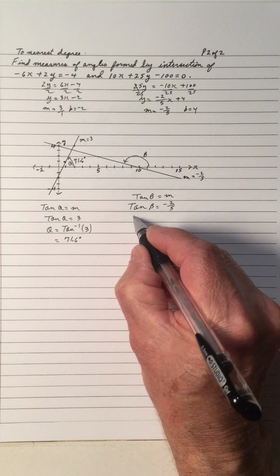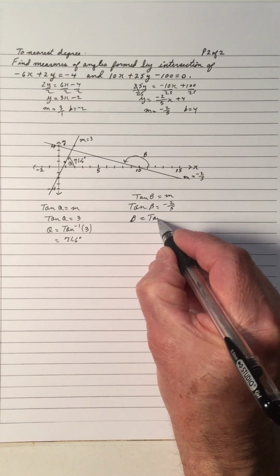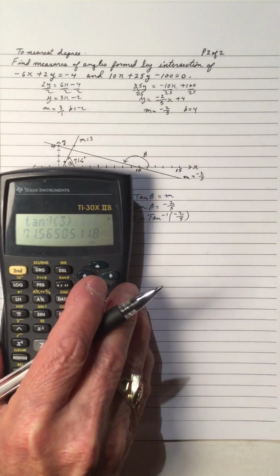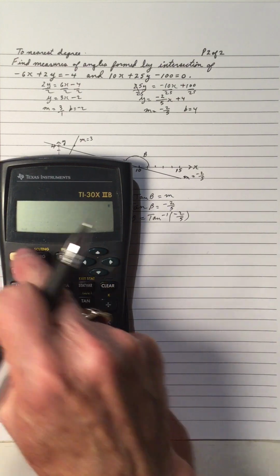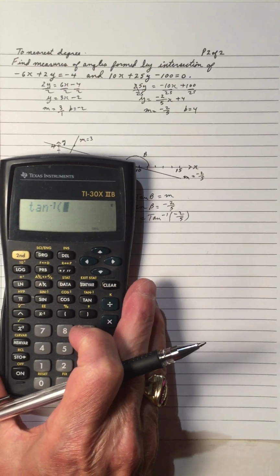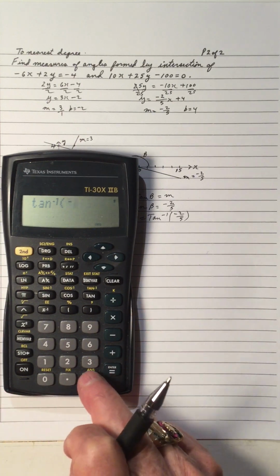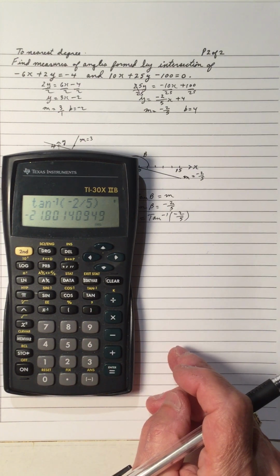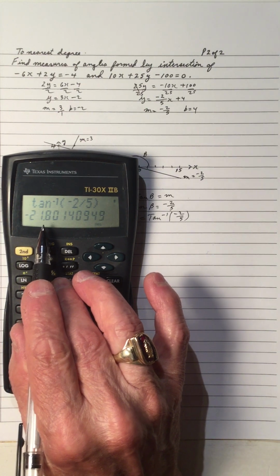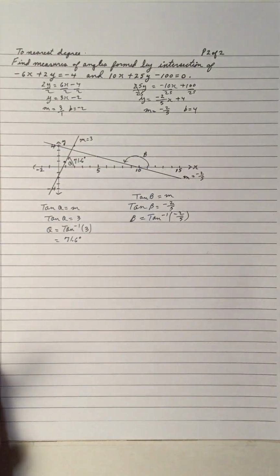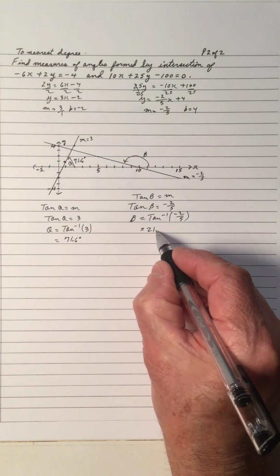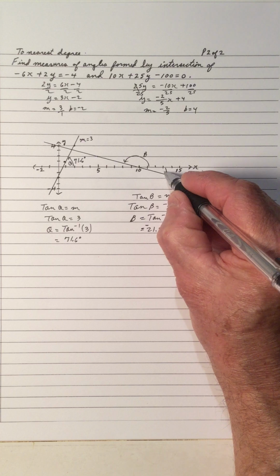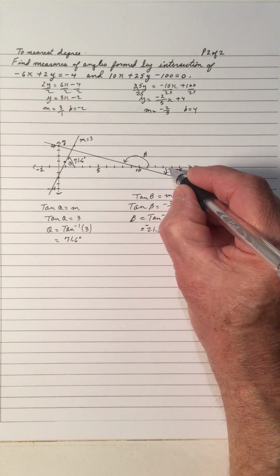Beta is tan to the negative 1 of negative 2/5. So let's use our calculator again, clear it, inverse tan, negative 2 divided by 5, and that angle becomes negative 21.8 to the nearest tenth. So this angle right here is negative 21.8.